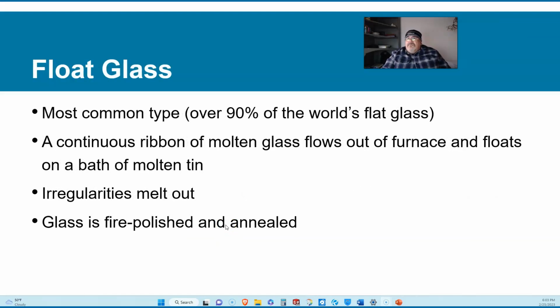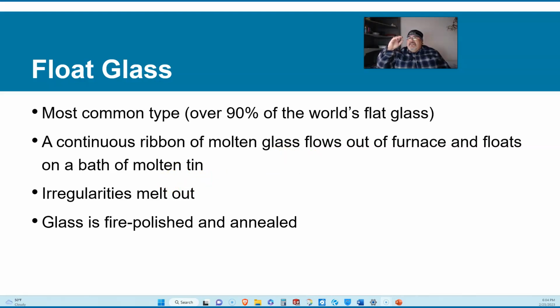Float glass is the most typical. Over 90% of the world's glass is flat glass. It's a continuous ribbon of molten glass that flows out of a furnace and floats on a bath of molten tin. So you've got a liquid bath of metal, tin, and then you take glass, which is also a liquid, and you pour it over the liquid tin, and it floats.